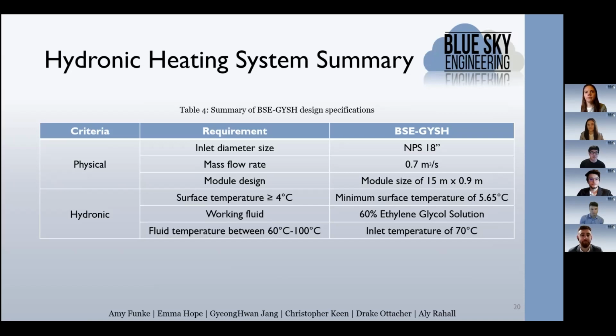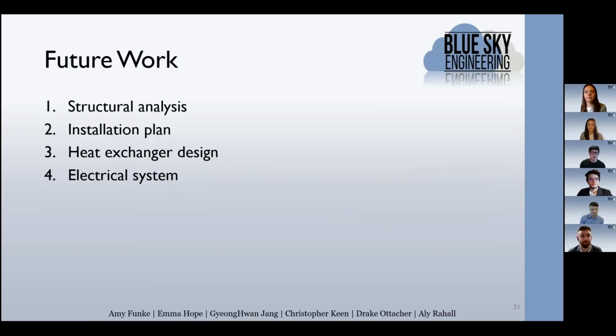The minimum surface temperature is 5.65 degrees Celsius from a 60% ethylene glycol solution at 70 degrees Celsius. So for future work, to be able to install the heating system, a few items are required that were outside the scope of this project, and they include a structural analysis, installation plan, heat exchanger design, and the electrical system.